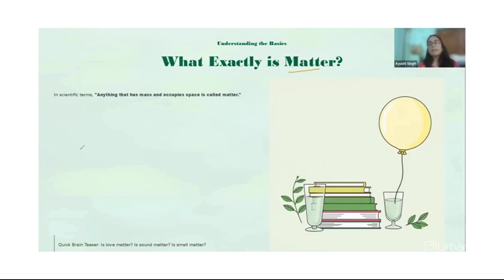Let's think of some examples which we see around every day. Any substance, anything which we see around us. It can be a book, right? It can be a balloon that is filled with a lot of gases, right?